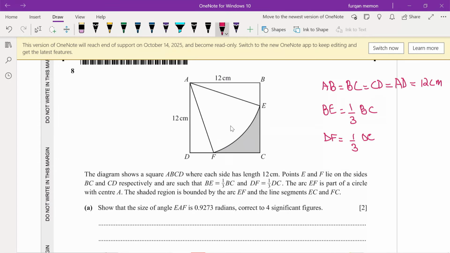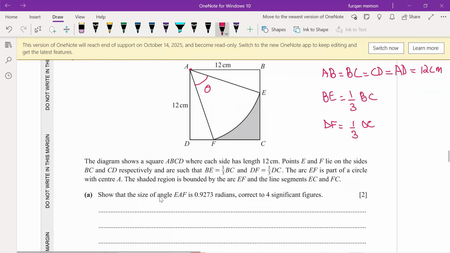This is the part of the circle which has angle theta, with the center at A. The shaded region is bounded by the arc EF and the line segments EC and FC.